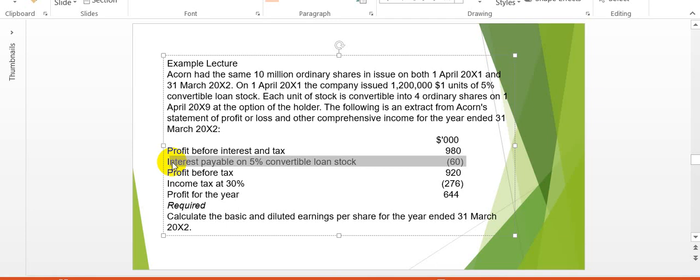But that increase in profit will be less the tax component, since you know that interest is tax deductible, but when that interest is no longer being deducted, so that 60 we need to take out tax of 30% from that.